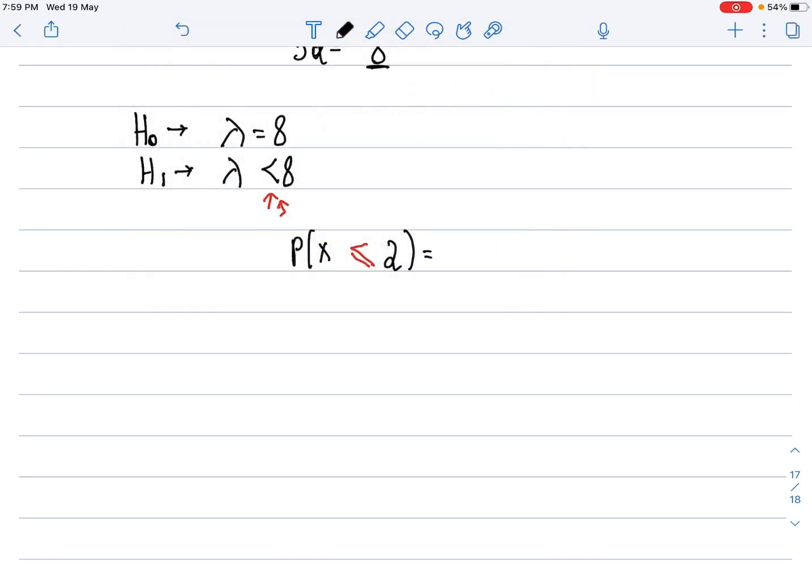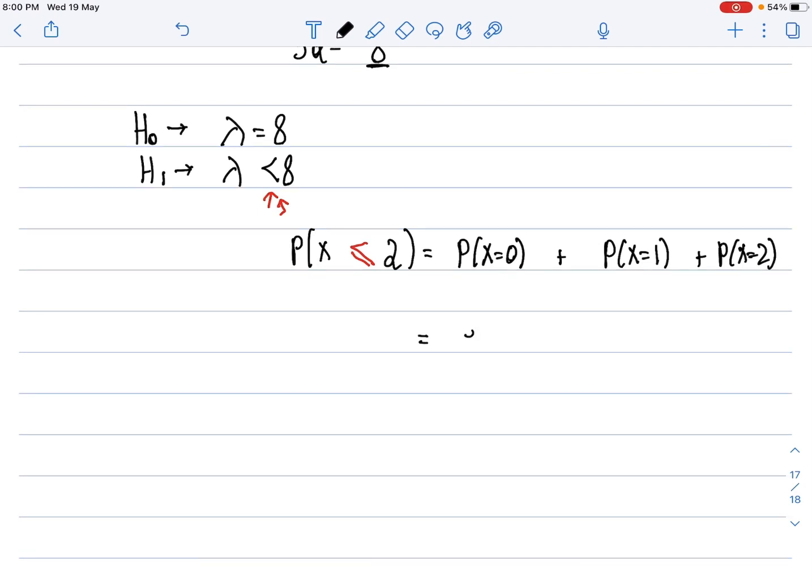So now this will be equal to p of x equals 0 plus p of x equals 1 plus the probability of x equals 2. So now I can simply write this as e raised to minus 8.